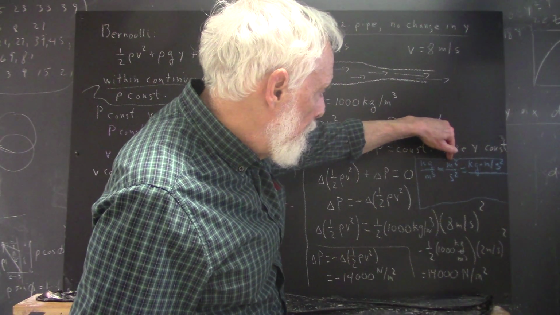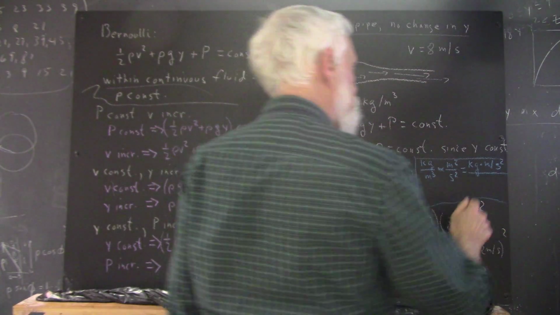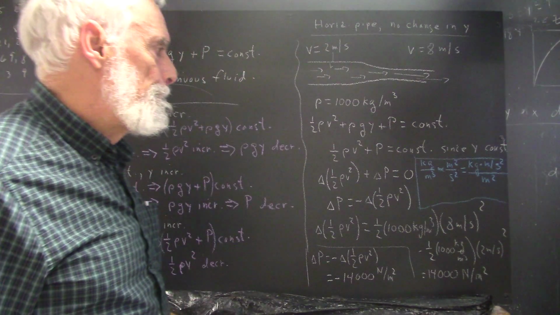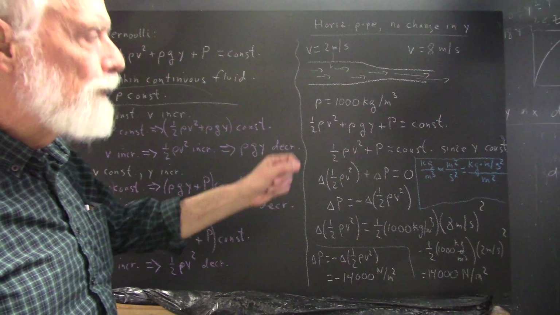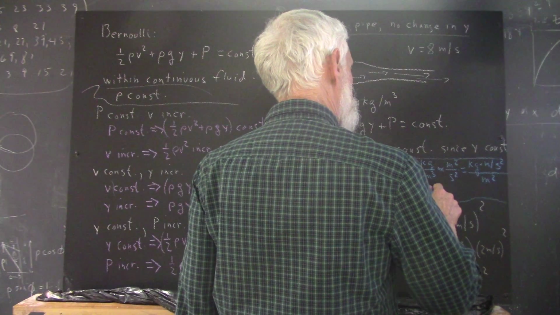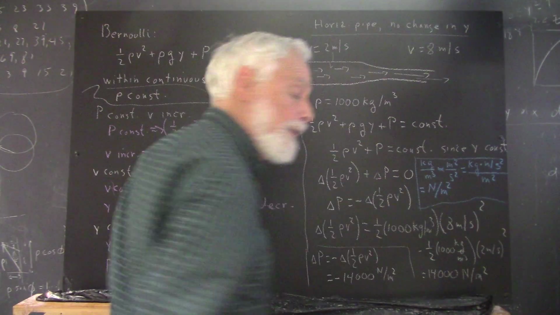But I've still got a meter left out of this meter squared, which is going to have to divide into this meter cubed. So that gives me kilogram meters per second squared divided by meter squared. But a kilogram meter per second squared is just a Newton, so that's your Newton per meter squared.